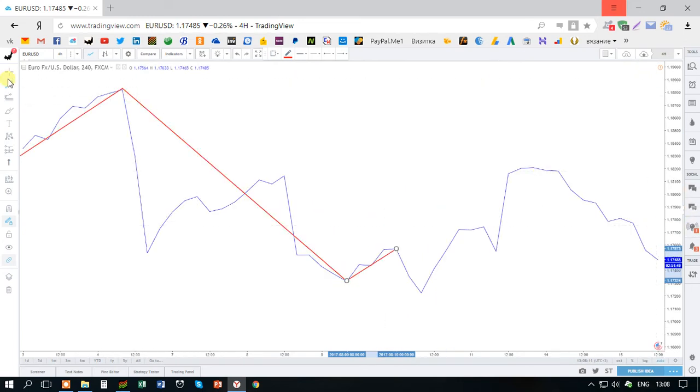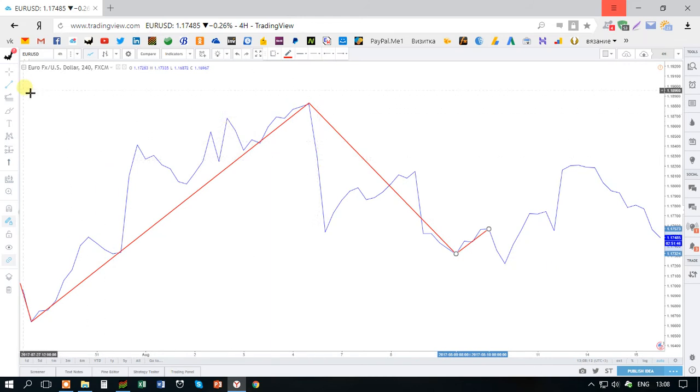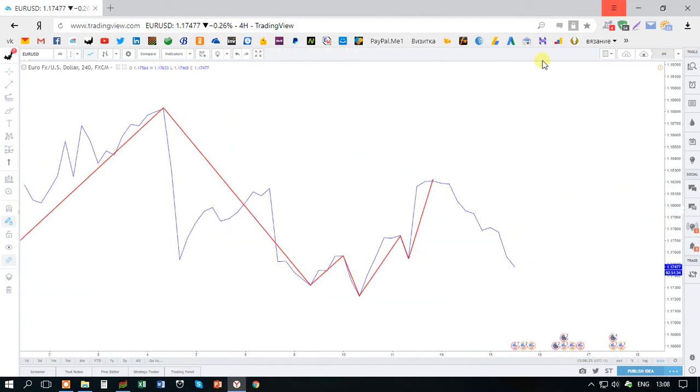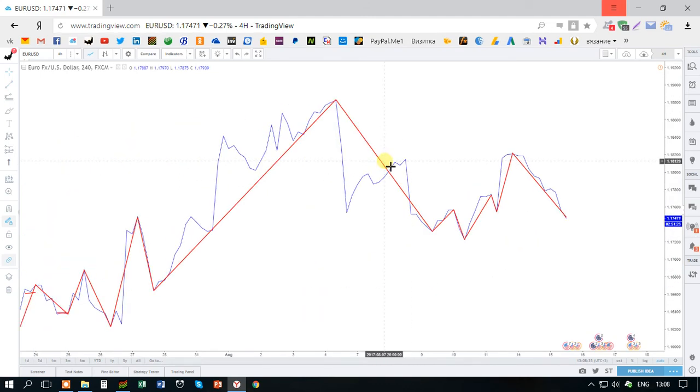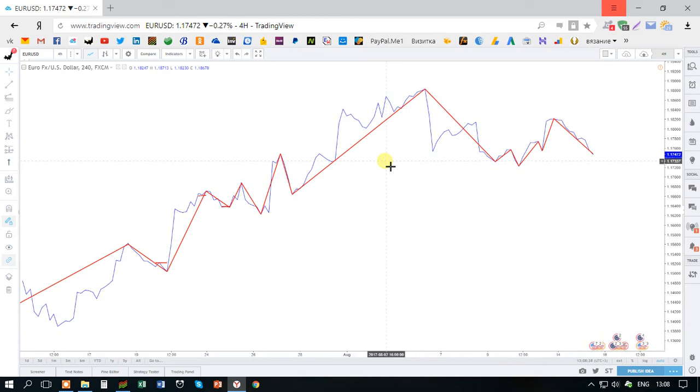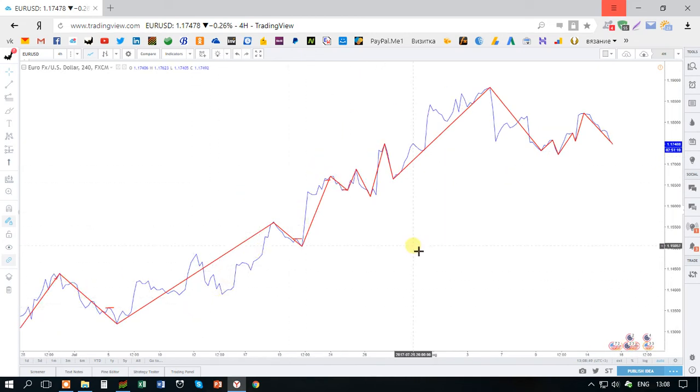You see it? Then we go lower. We go here, break the low, break the high, break the low, the high, and then we break the low here, this way.